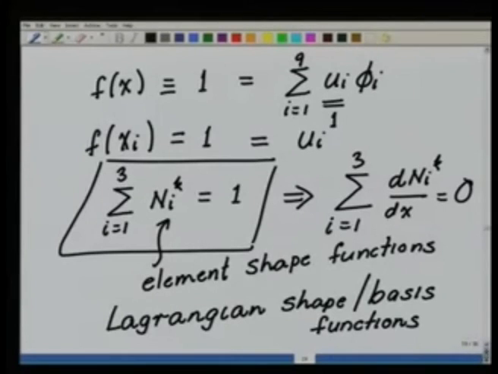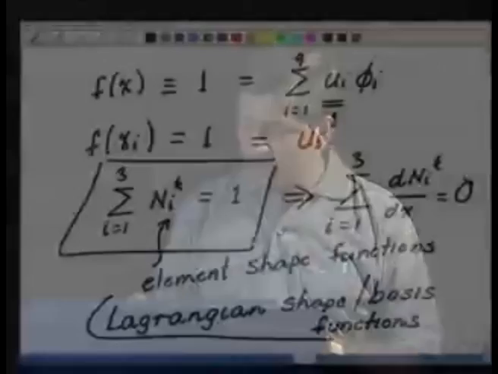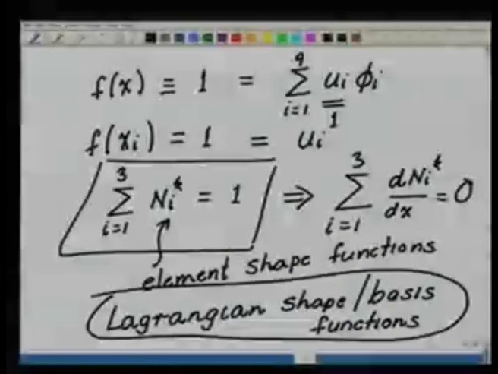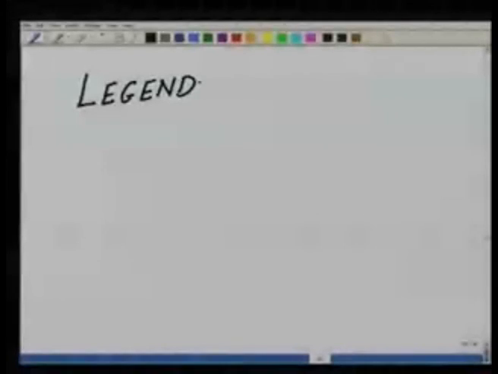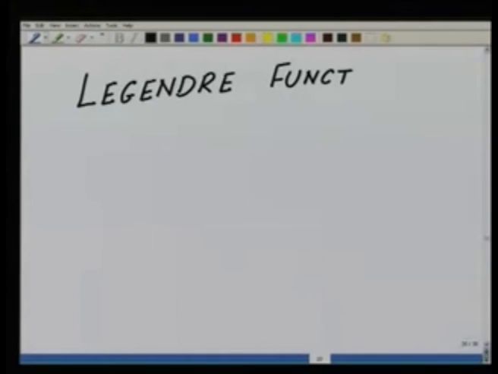These Lagrangian basis functions that we have constructed are not the only ones that we can have. For those who are interested, there is also a very popular family of shape functions or basis functions that can be used, which is Legendre functions, but we are not going to discuss it here in this analysis.